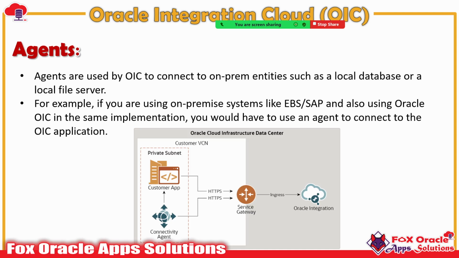I will discuss what a connection is. But when we need to connect with a third-party system that is not available over the cloud, we require the agent. The agent is considered a bridge between the connection and Oracle Integration, so that it can make the on-premise application available over the cloud and Oracle Integration can make a connectivity with it.